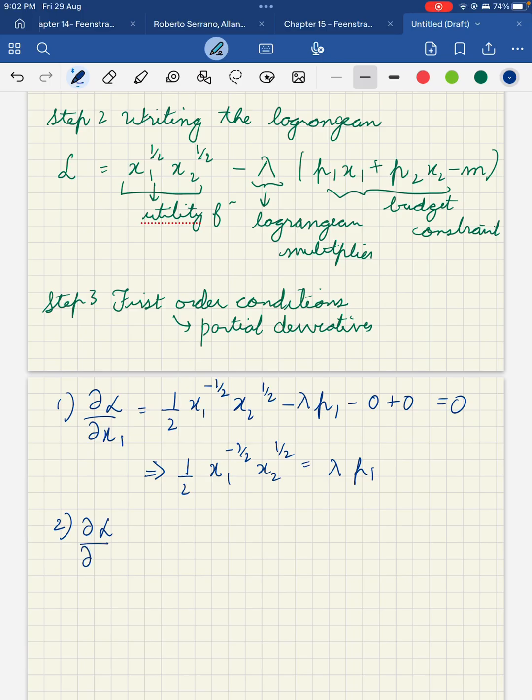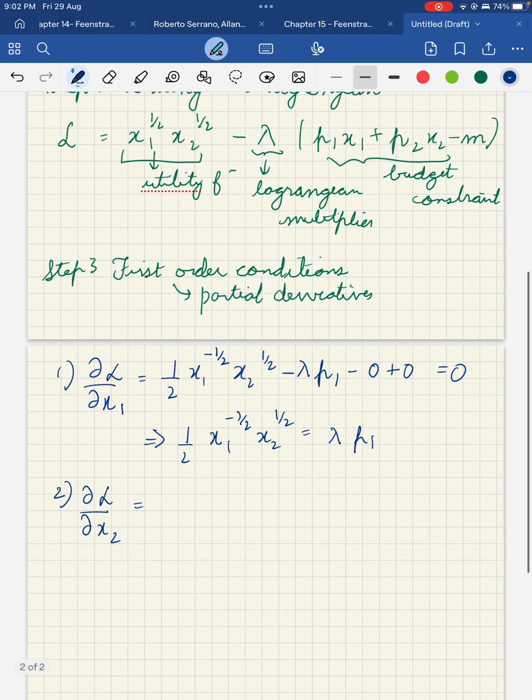What is my second first order condition? Differentiating L partially with respect to x2, which means I am taking the derivative of L with respect to x2, keeping x1 constant, which means the first term x1 raised to the power 1/2 will come as it is.